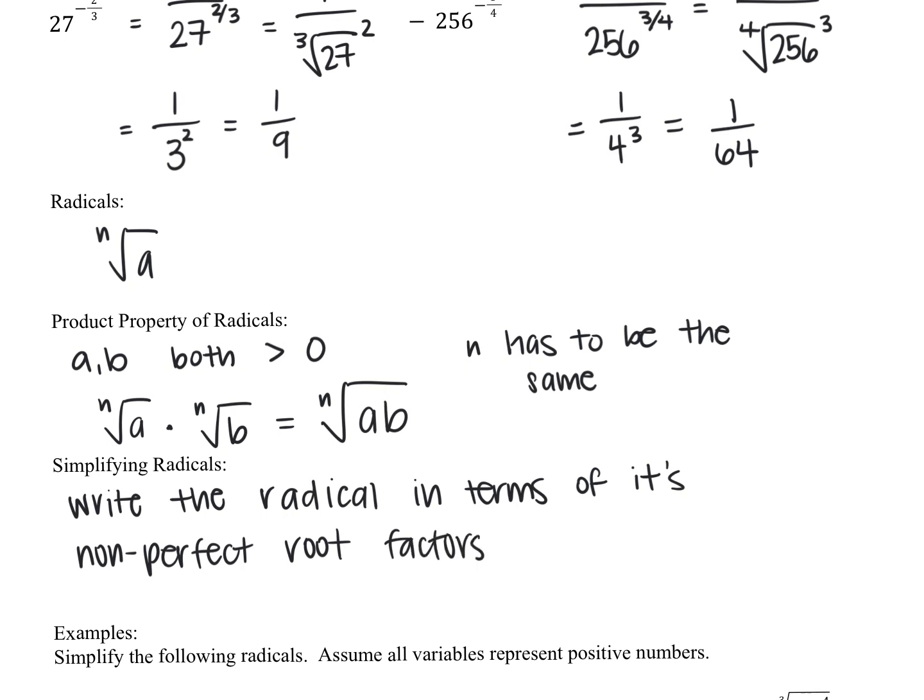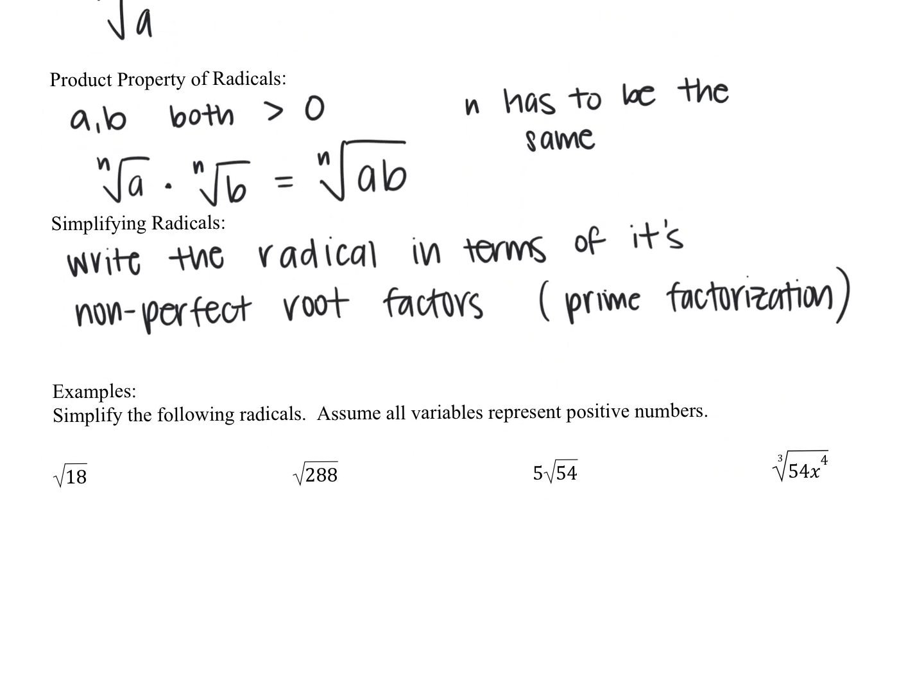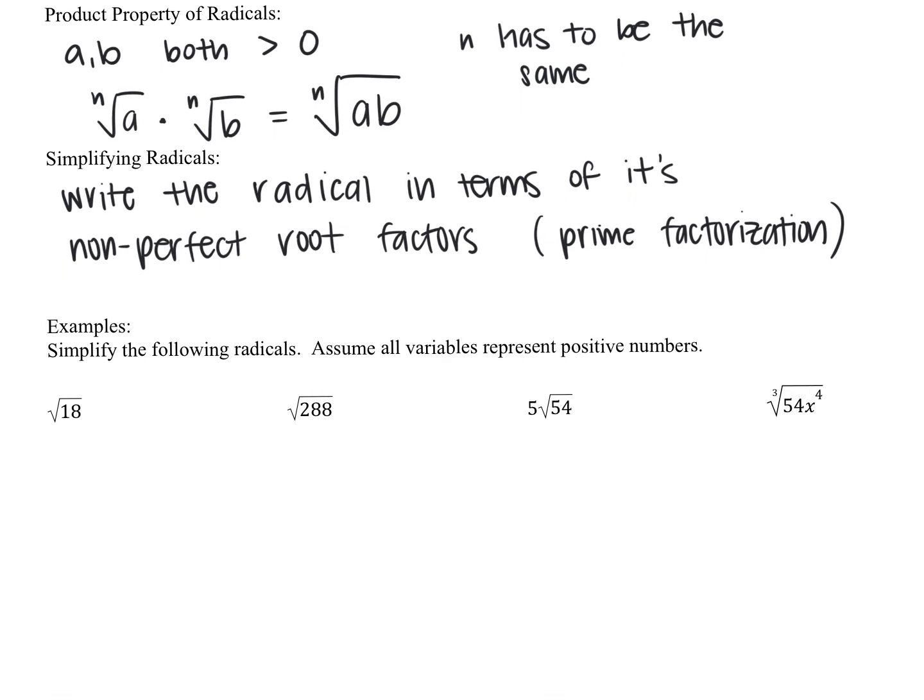So that means we basically break it down to its multiplication of its prime numbers. So this is also kind of referred to as prime factorization. So we break it down to the multiplication of prime numbers. So let's look at some examples.